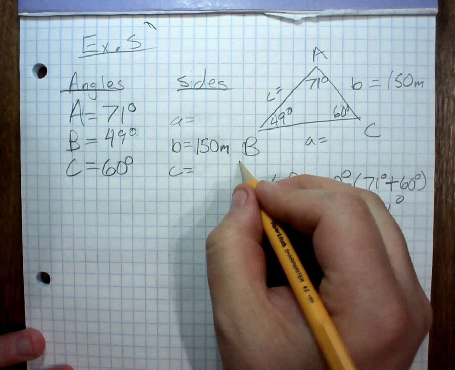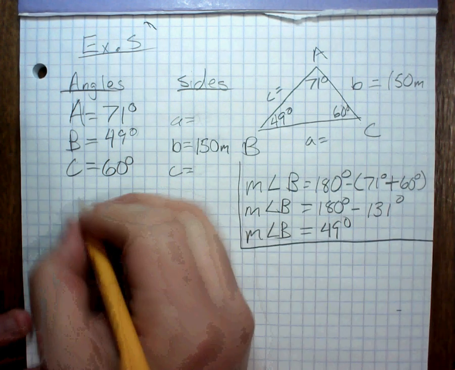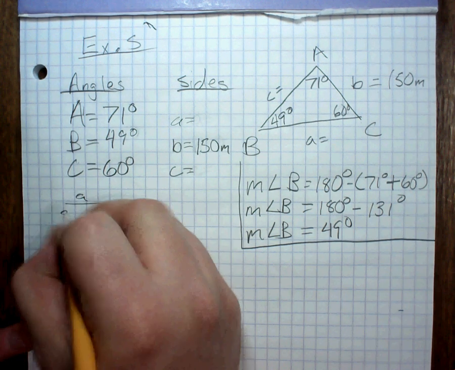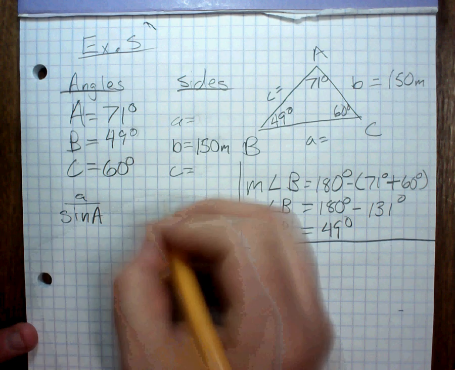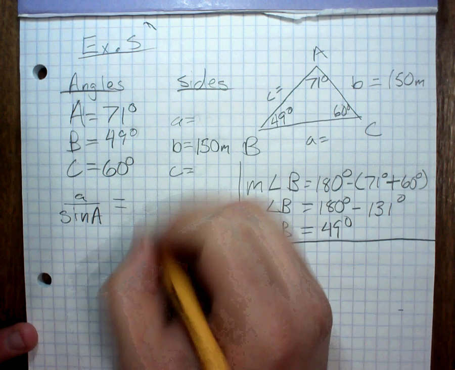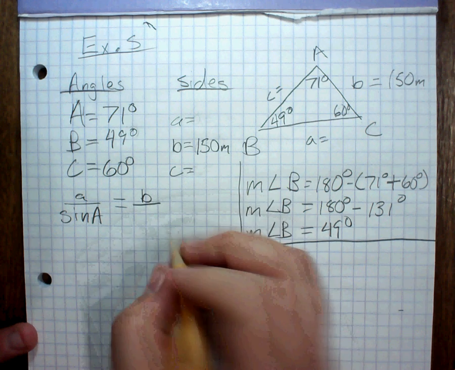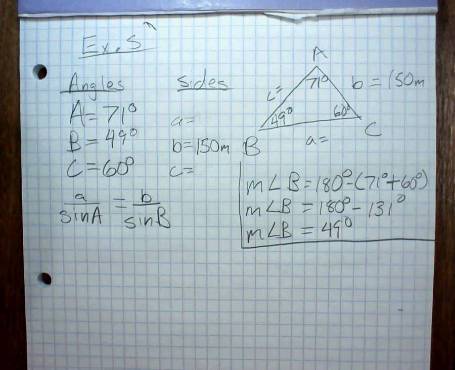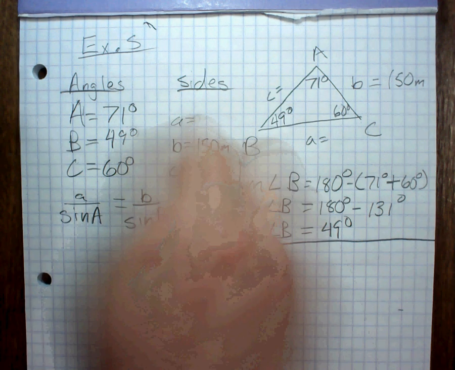So now to find that, I'm going to say a over sine of capital A is equal to lowercase b over sine of capital B. Now when you do these problems, you might get stuck.